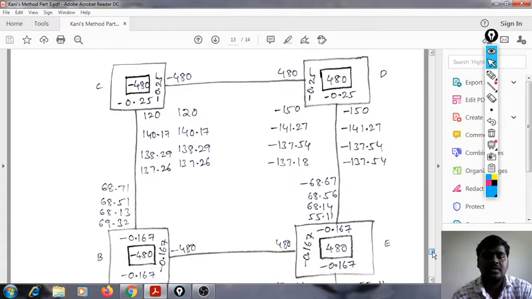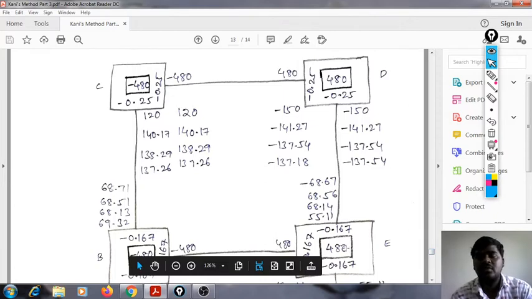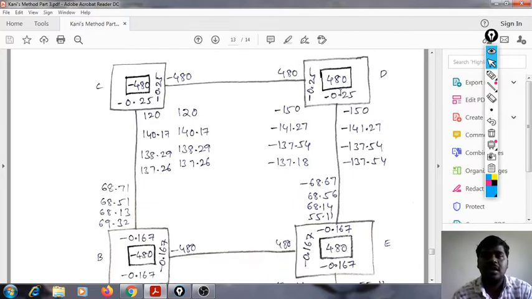So, this is the case: minus 480, 480, minus 480, 480. These are the fixed end moments that we know, and minus 0.25 and 0.25 are the rotation contributions at the corresponding beams or columns. This is minus 0.25 for CB, this is for CD, this is for DC, and this is for DE, like that.